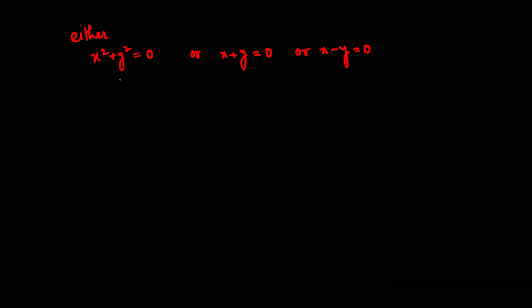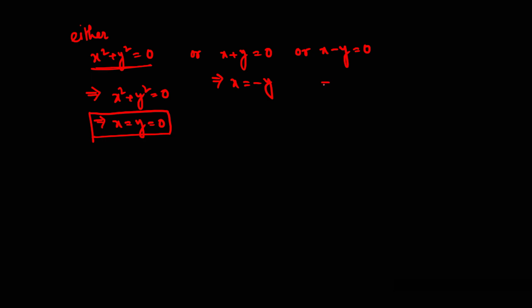This cannot happen for the first, because if x square plus y square is 0, that means x and y are both 0. From this we are getting x equal to minus y, and from this we are getting x equal to y.